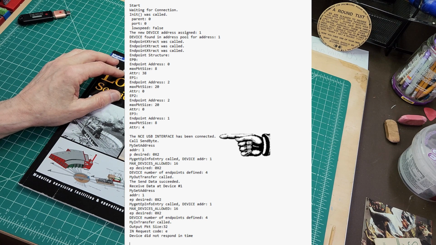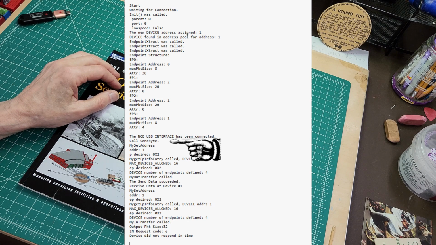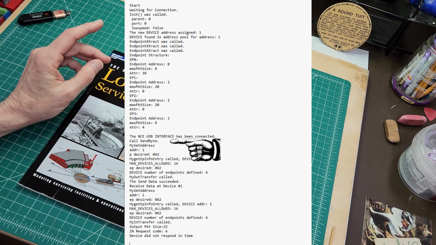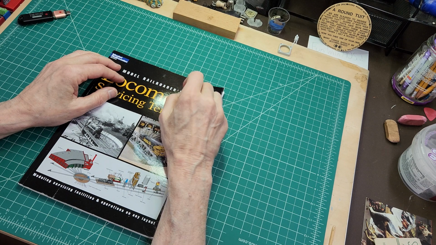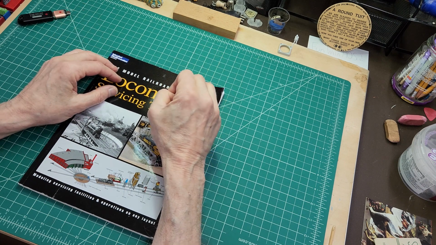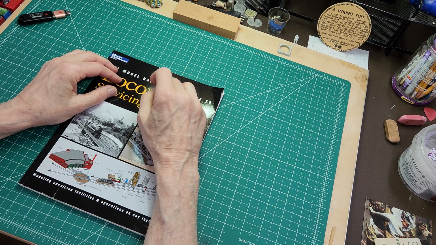This message indicates the completion of the detection and configuration of the NCE USB interface board. Here is where my driver calls its send byte method with the single AA for transmission to the USB interface. Now recall, AA was the request for the NCE PowerCab's firmware version.